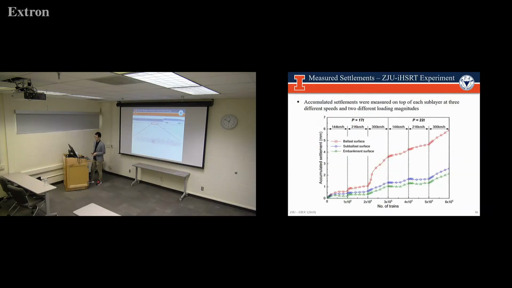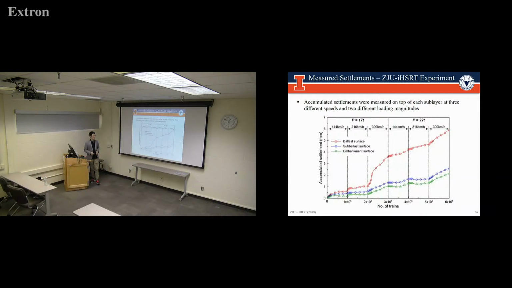Okay, so now these are the settlement measurements we have for the ZJUI SHRT experiments. We can see the accumulated settlements measured on top of each sublayer at 3 different speeds and 2 different loading magnitudes.